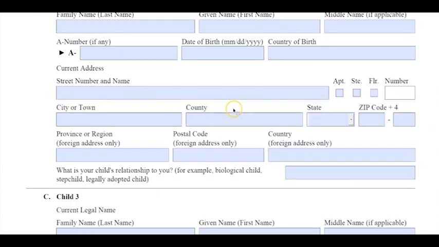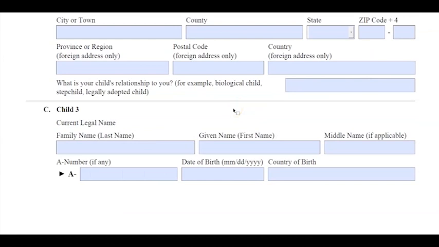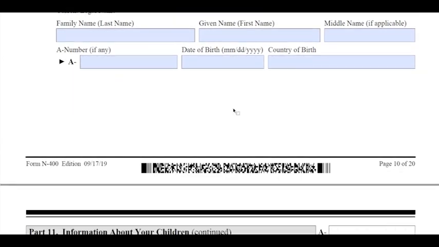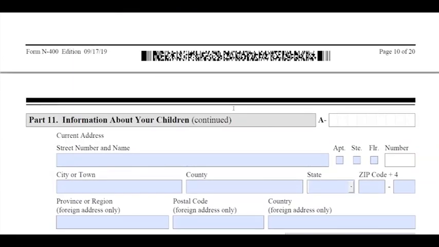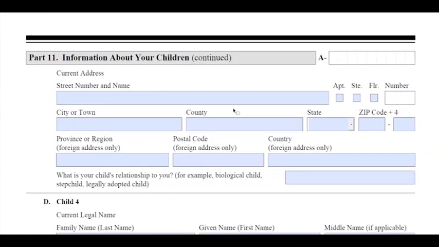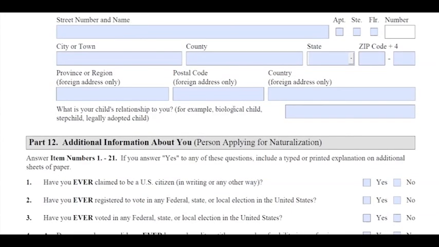Make sure that you have all evidence, all documents, because you may have to submit some of that information to immigration, and they want to know who you are, they want to know about your family, they want to know what you've done, they want to know where you have lived.